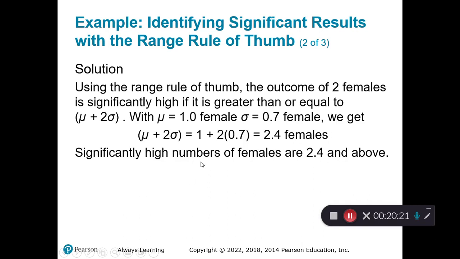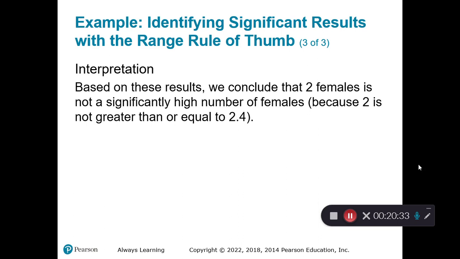That means that there are going to be no values that would be considered significantly high. In this case, having 2 females is within the expected range and therefore not surprising. So again, the interpretation is that getting 2 females out of 2 births is not significantly high because it falls within the range of expected results.